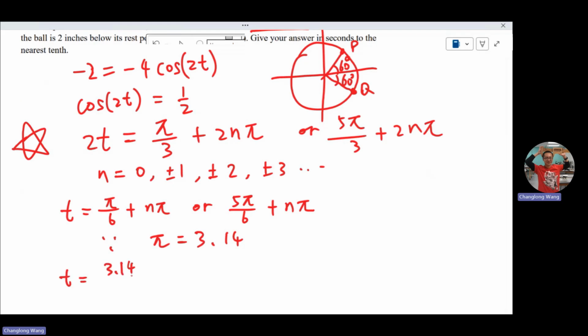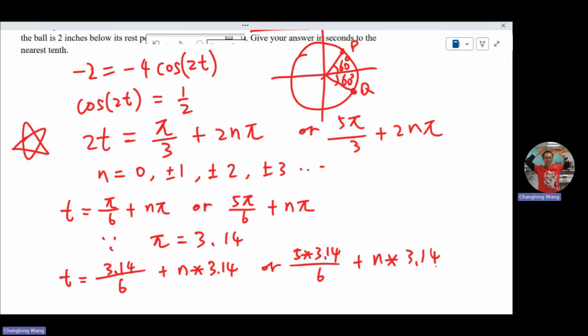So if you want in the calculator, it'll be 3.14 divided by 6 plus n times 3.14, or 5 times 3.14 over 6 plus n times 3.14.